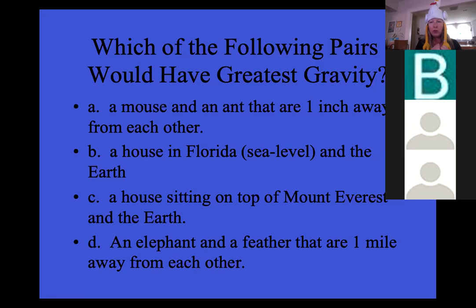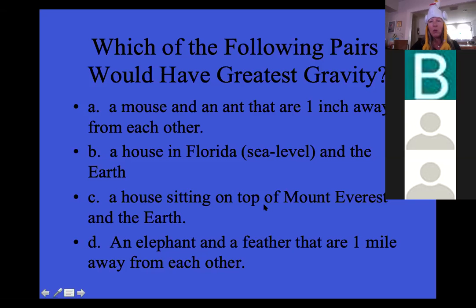The most gravitational attraction is going to be with the objects that have the most mass that are the closest together. So which of these 4 have the most mass and are closest together? Because an elephant's got a lot of mass, but the feather doesn't. And does an elephant have more mass than a house? Probably not. So I would think the houses have the most mass.